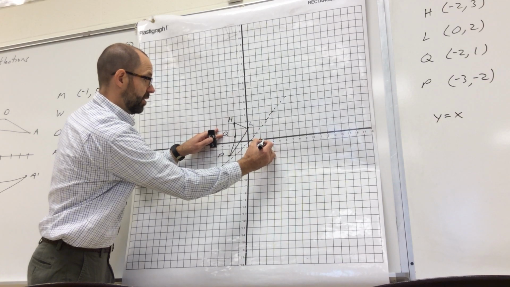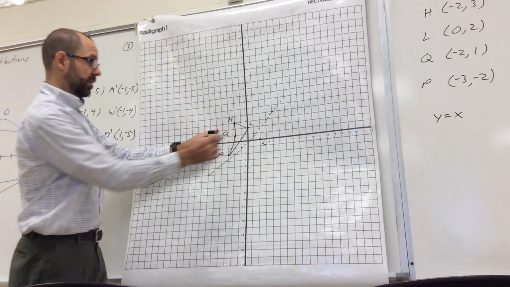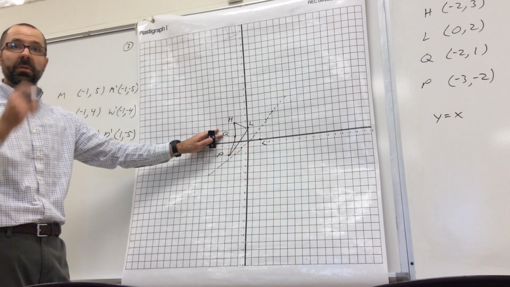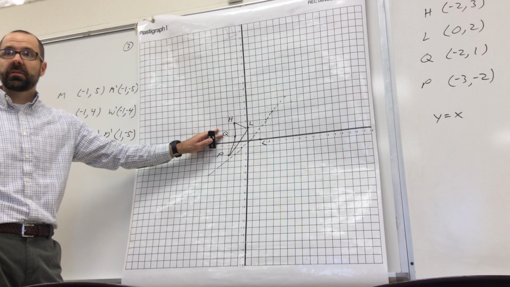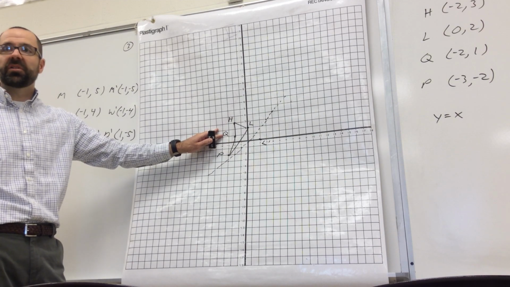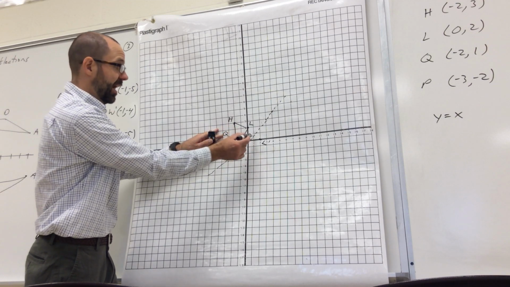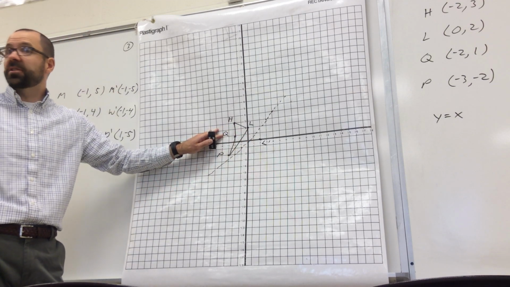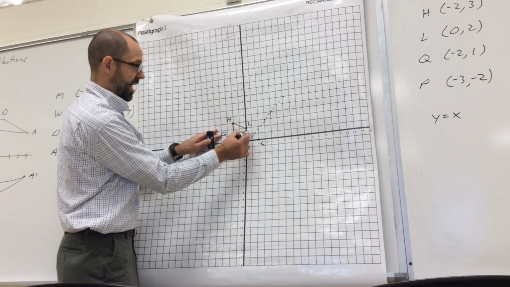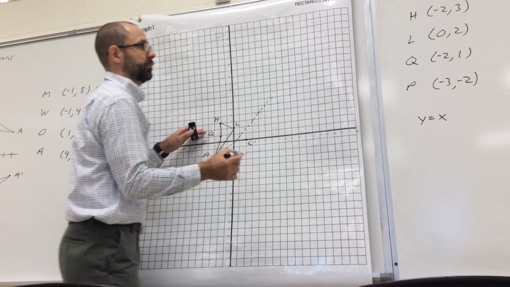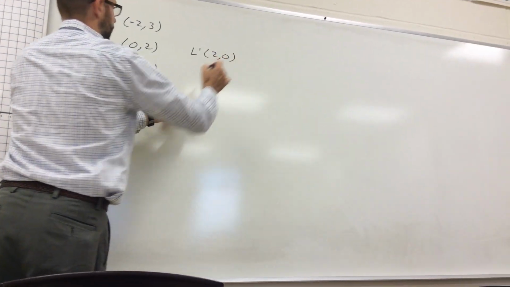So the new L is 0, 2. This is tricky to see. Is everybody okay? Yeah, 0, 2, 2, 0, yes. It's tricky to see where the point ends up. Is everybody okay with counting diagonally? The key is that the reflection line's in the middle. So that has to equal that. Okay, so the new L is 2, 0.